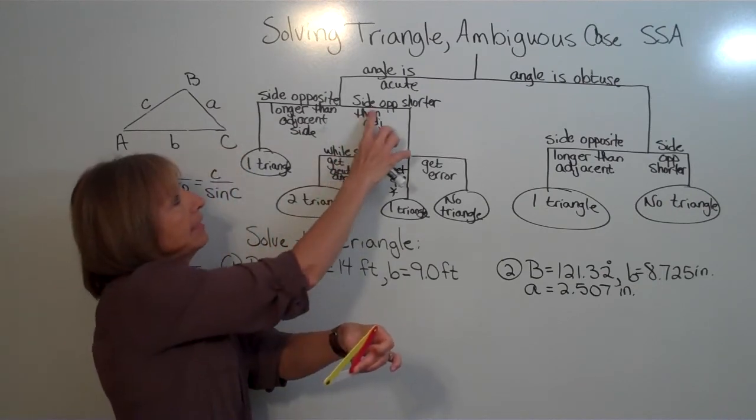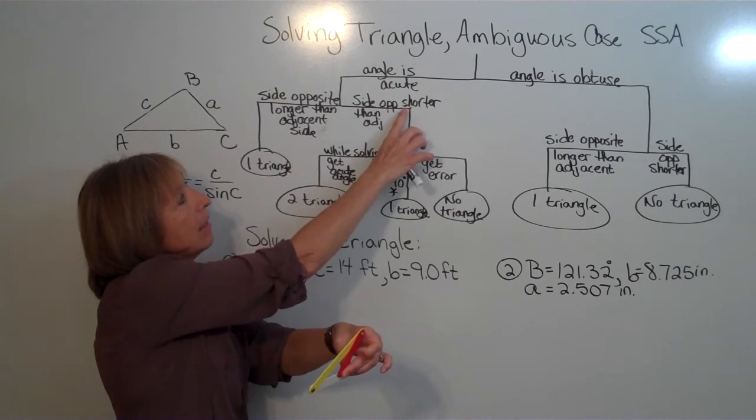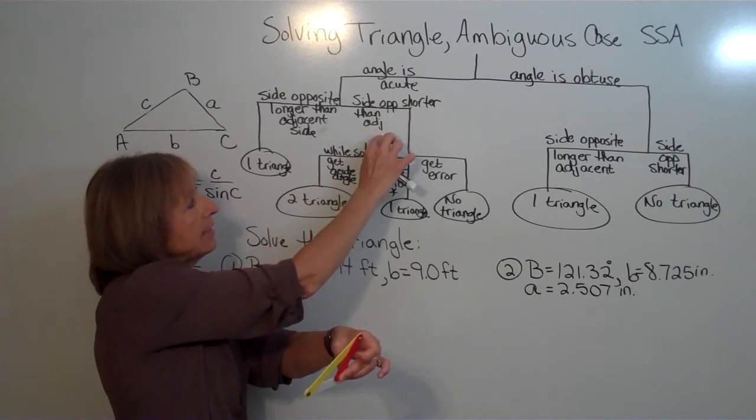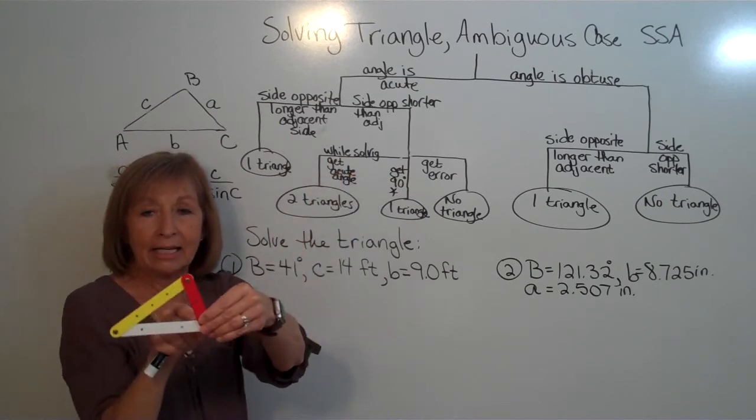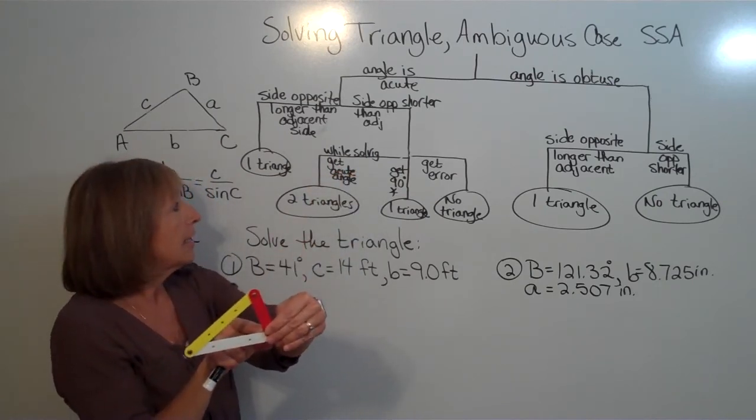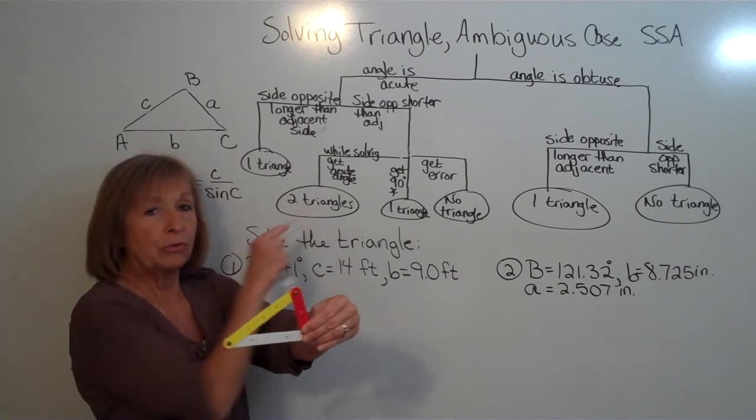So if my side opposite is shorter than the adjacent side, and while solving it I get an acute angle here, then I actually have two triangles.